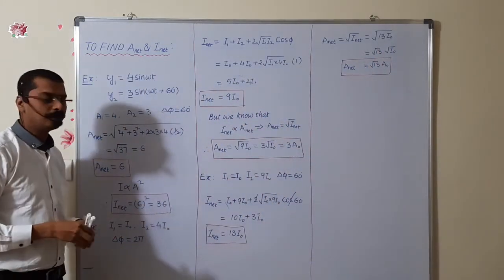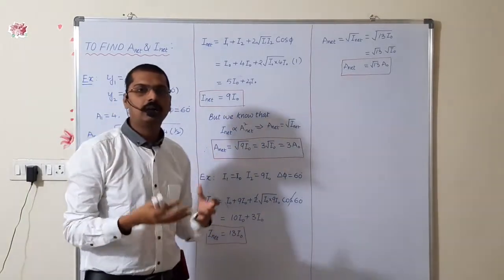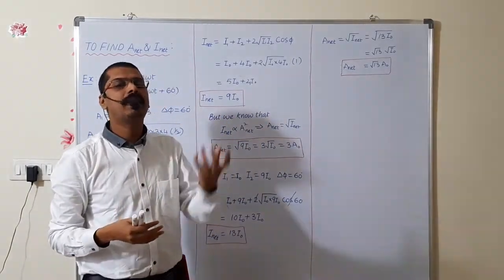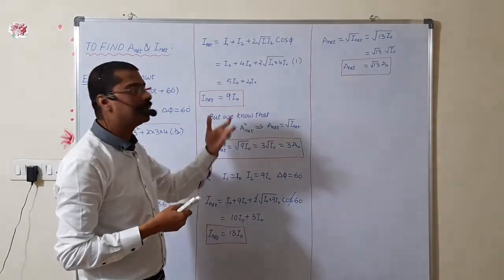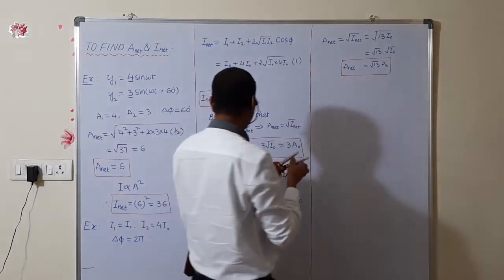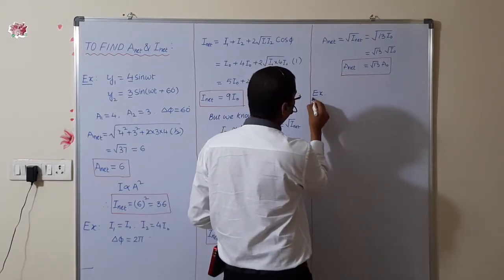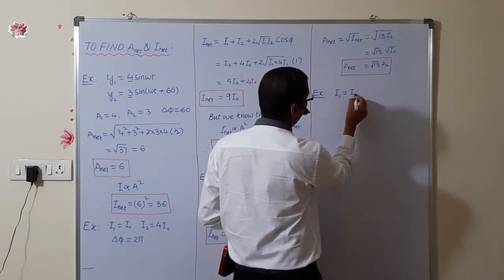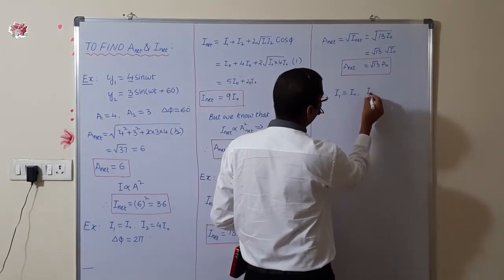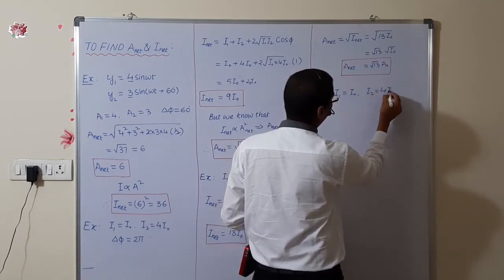Sometimes they will give a question like this: two individual waves are superimposed, at point A some angle, at point B some angle. What is the difference between intensities? That question also we will solve. Now here I1 is equal to I naught and I2 is equal to 4 I naught.